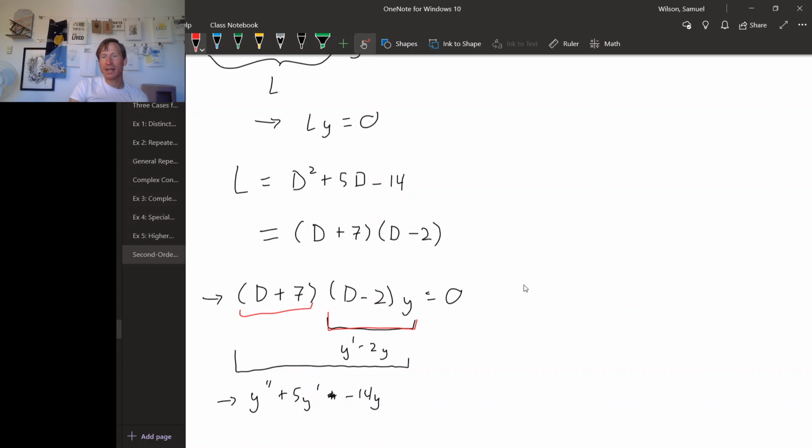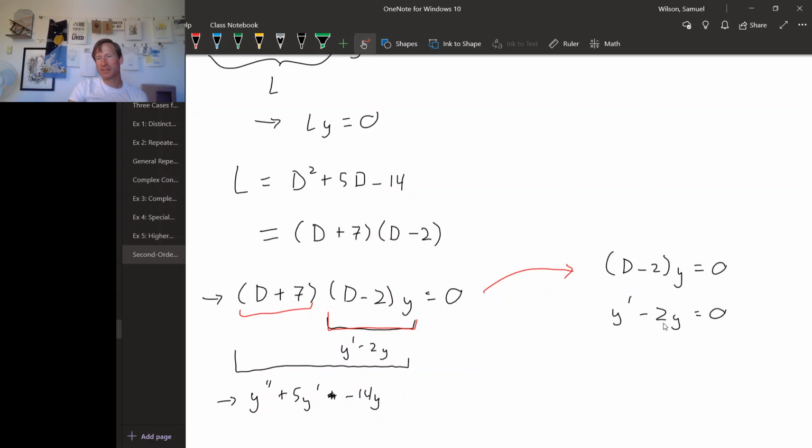So factoring lets us rephrase this equation as: we're looking for solutions to D minus 2 applied to y equals 0. And this is really a first order equation. This is just the first order equation y prime minus 2y equals 0.